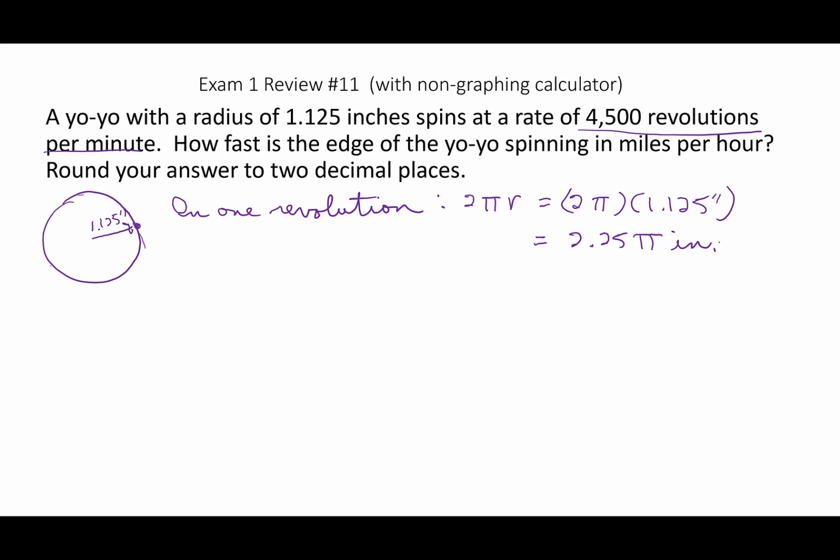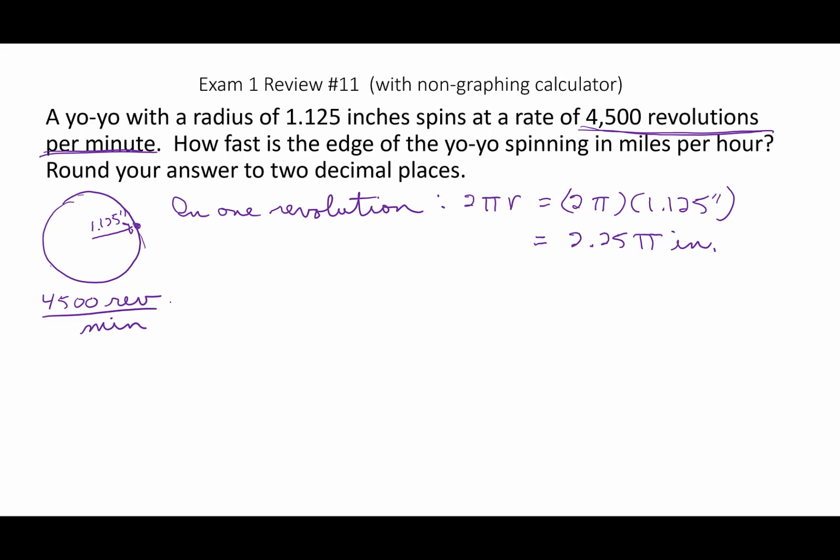So what we want to know is how fast is the edge of the yo-yo spinning in miles per hour. So what else do we know here? We know that we go 4,500 revolutions per minute. So if we have 4,500 revolutions per minute, how far do we go then?